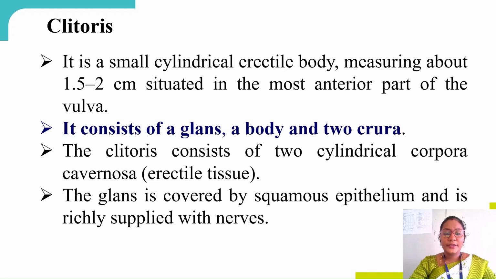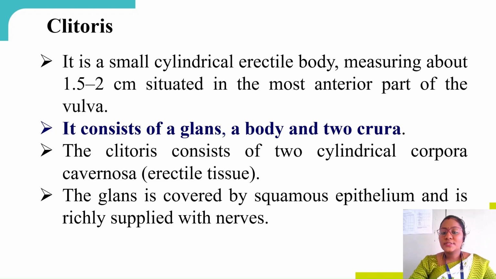So next is the clitoris. It is a small cylindrical erectile body, which I will show on the first slide itself. It measures about 1.5 to 2 centimeters and is situated in the most anterior part of the vulva. It consists of the glans, a body, and two crura.